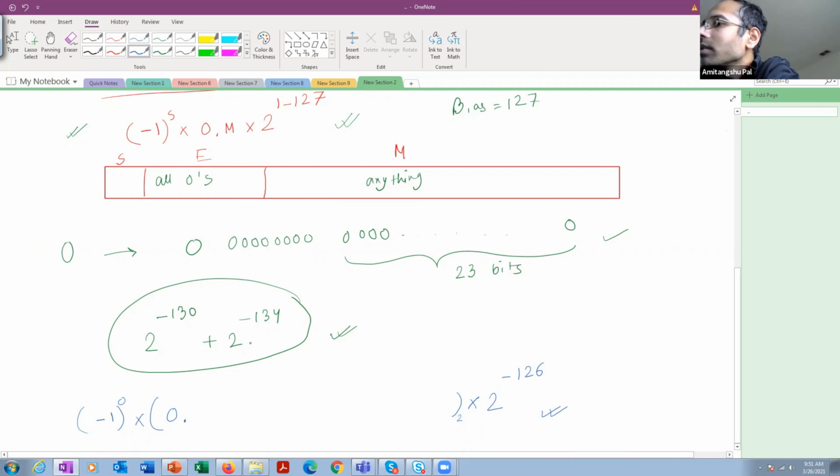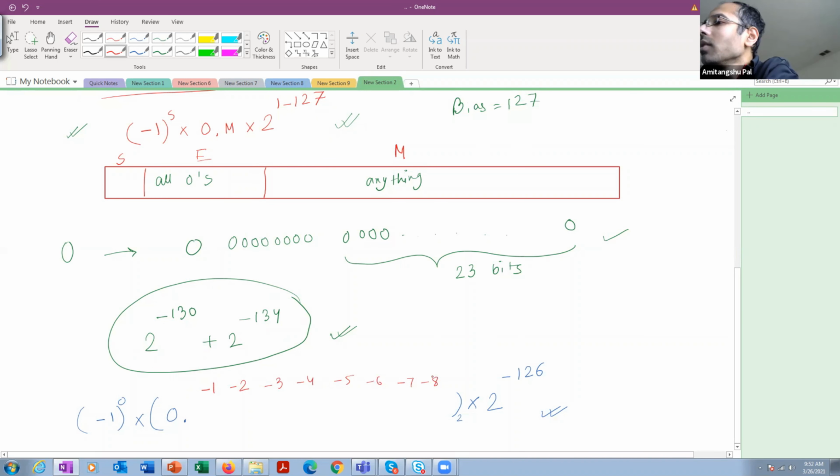If you think for a minute, you'll understand that in the mantissa part, the first bit after the point gets a weightage of 2 to the power minus 1. The next bit gets a weightage of 2 to the minus 2, then 2 to the minus 3, minus 4, minus 5, minus 6, minus 7, minus 8, and so on.